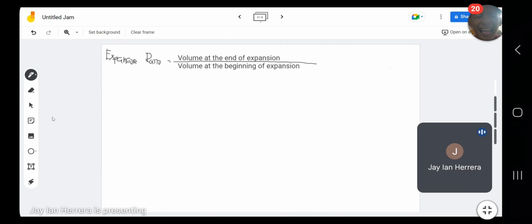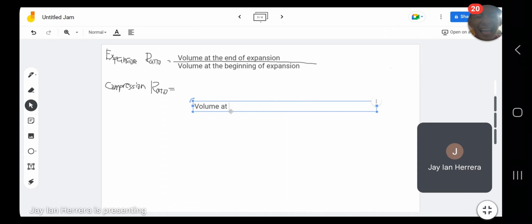Then for compression ratio naman, this is the volume at the beginning of compression over the volume at the end of compression.